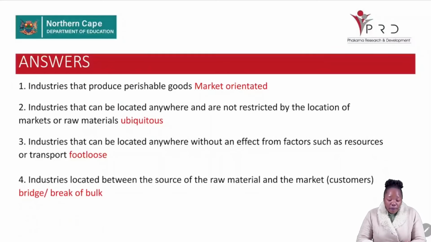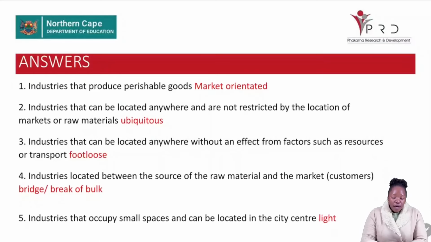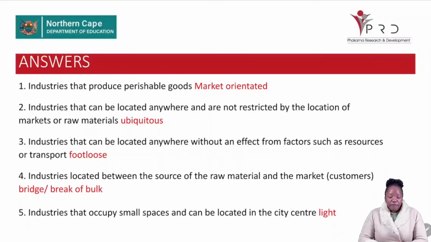So when you see break of bulk, you must know that we are talking about the bridge, because the examiner can use any of the names. Then we have number 5, the industries that occupy a small space and can be located in the city center. We're talking about the light industry.